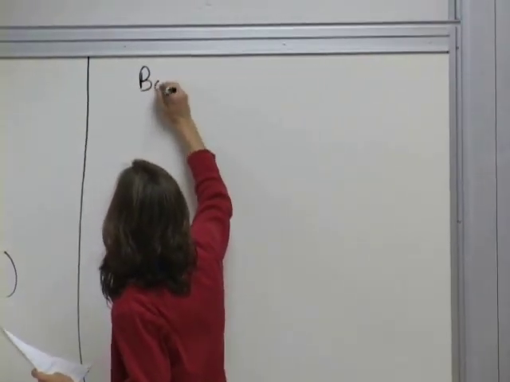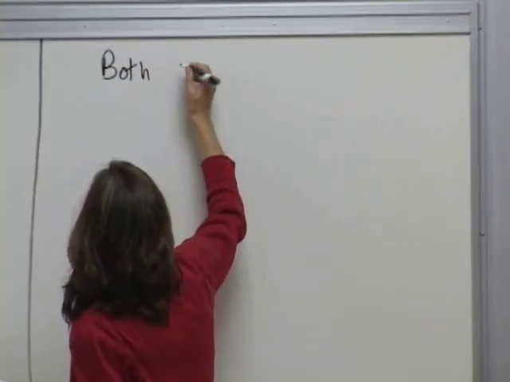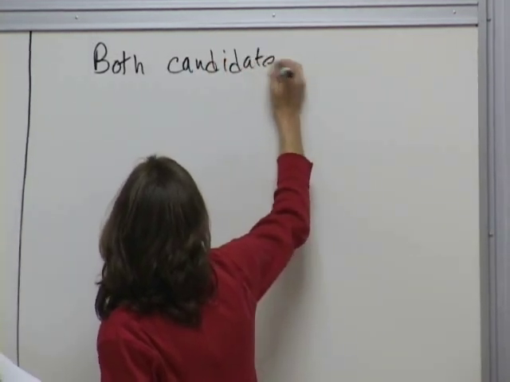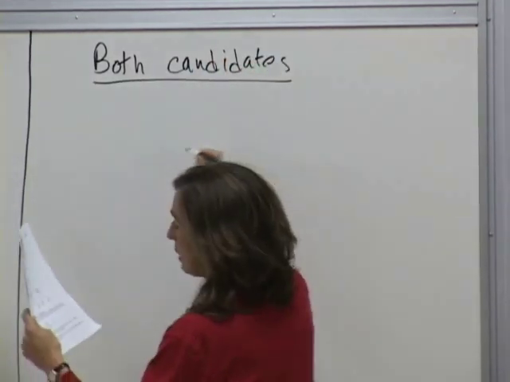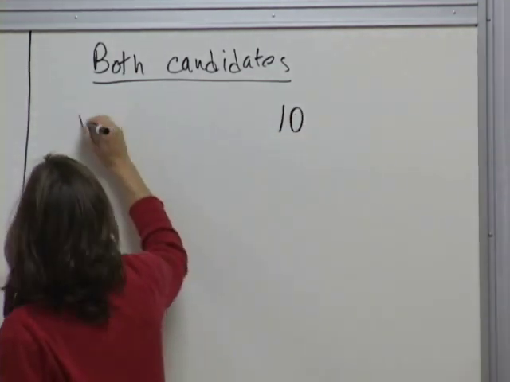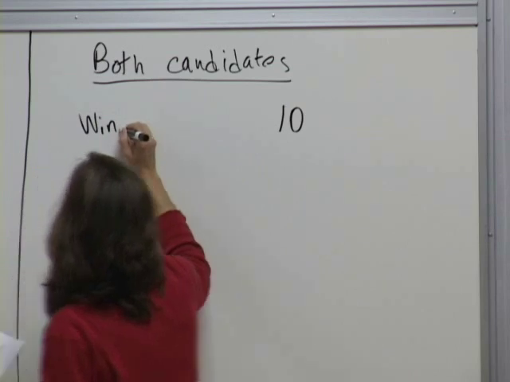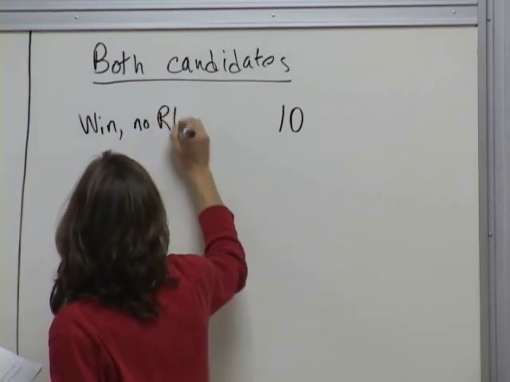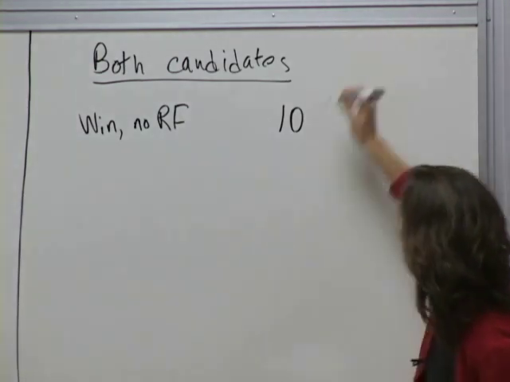So over here, let me just summarize the assumptions I'd made about the preferences for both candidates. Okay, I'd written it separately on Thursday, but there was a clear parallel. Both candidates, we said, got a payoff of 10 from the outcome where they win the election, no fundraising. Okay?